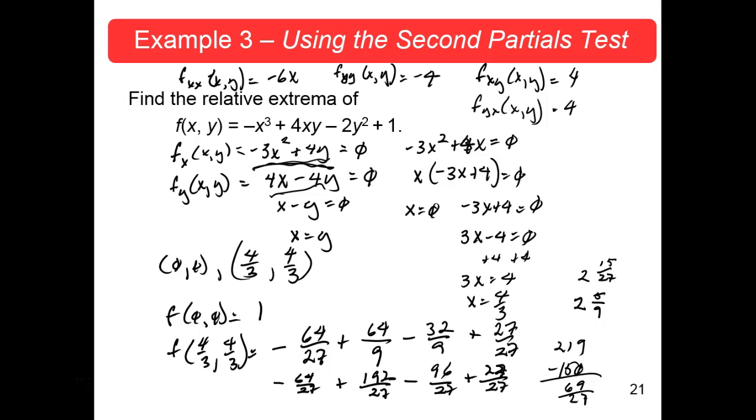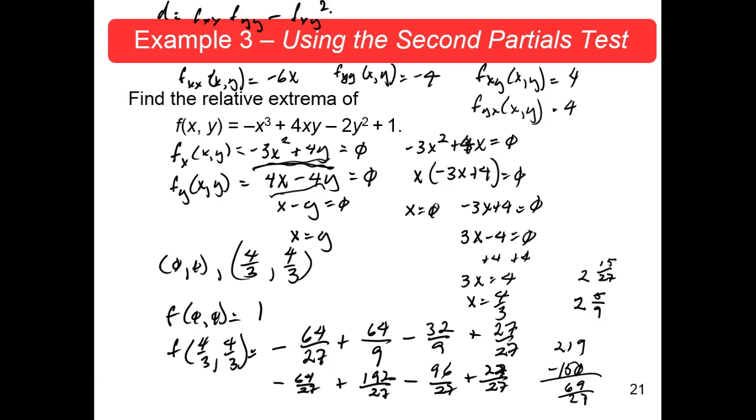Now, our second derivative test, the second partial test. You flip back one page, and it tells you what your D is, and I just don't have a lot of room to write. D is equal to f sub xx times f sub yy minus f sub xy squared.